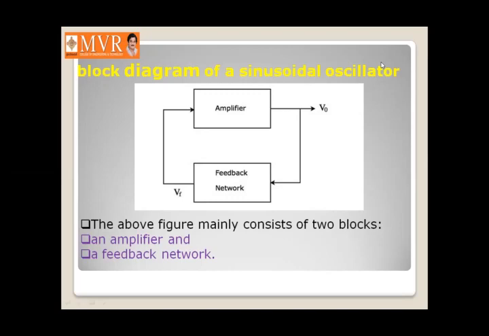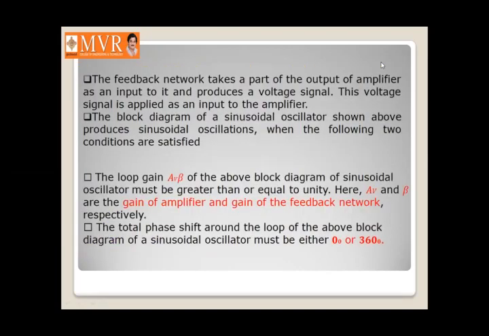That means a part of output will be fed back to the input, such that this feedback is going to be fed to the amplifier, and then it will be amplified. So with this feedback it is going to produce the oscillations. So how it is going to produce the oscillations, now we are going to see in our next slide.